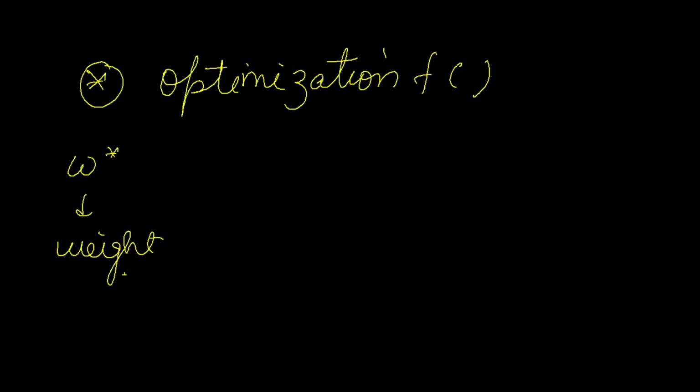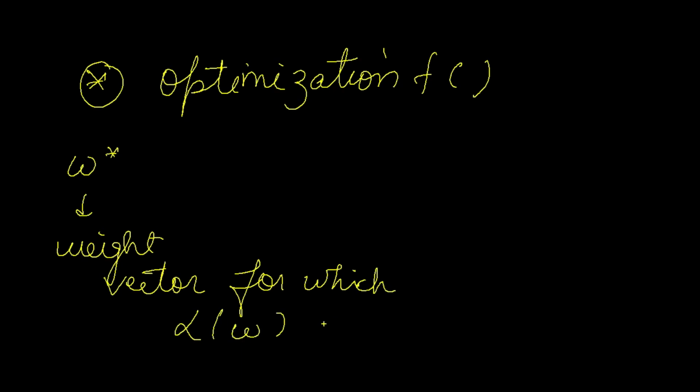The next equation is the optimization function, that is w star. w star is the weight vector for which L of w, that is the loss function, has minimum value.